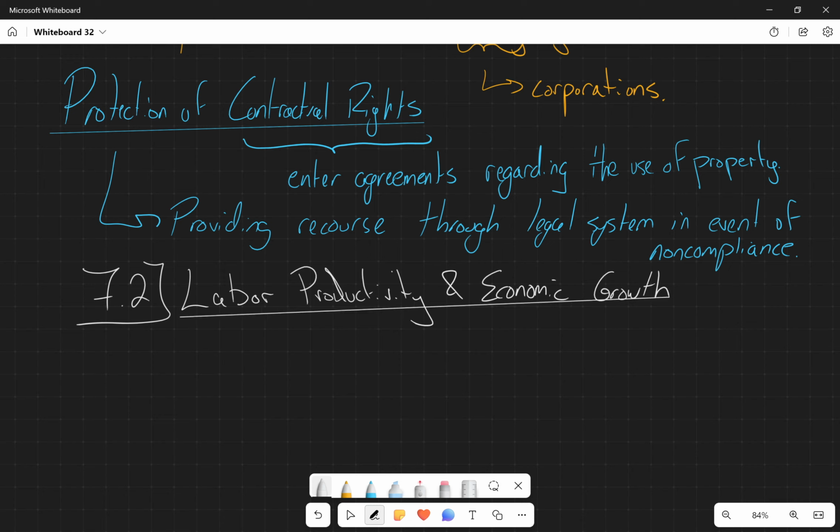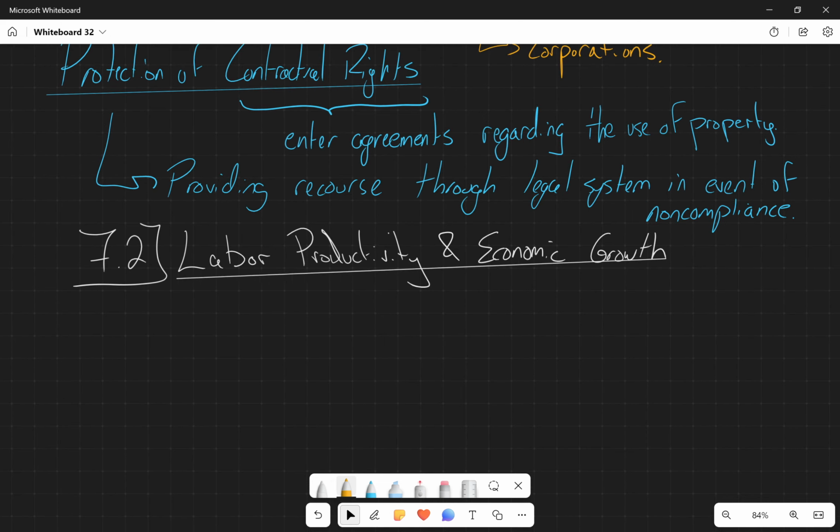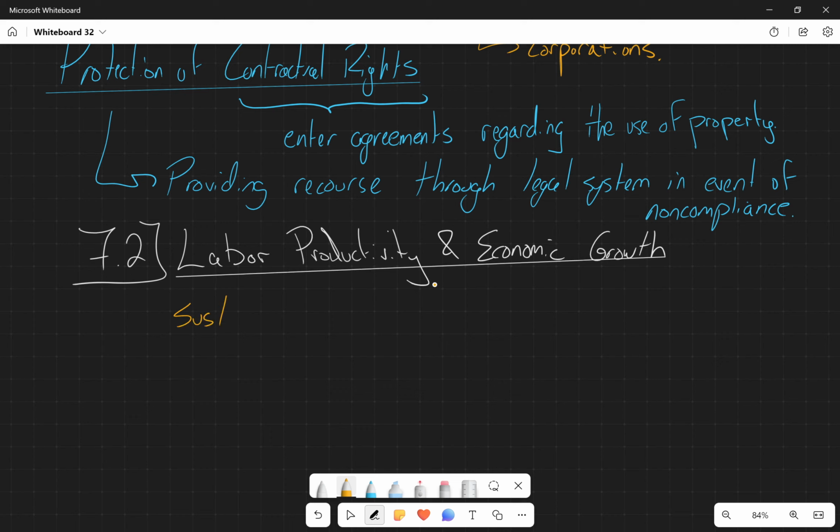So what economists have found is that this sustained long-term economic growth that we're looking for comes largely, yes, from technological increases, but it also comes from how those increases affect worker productivity.